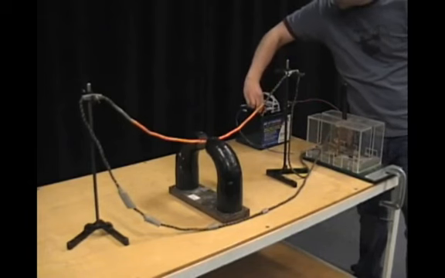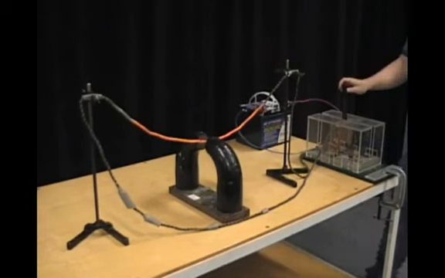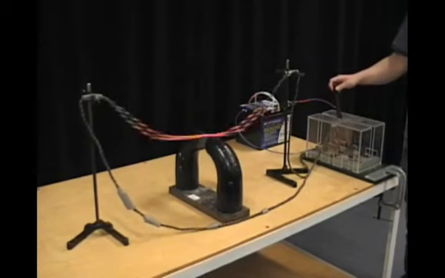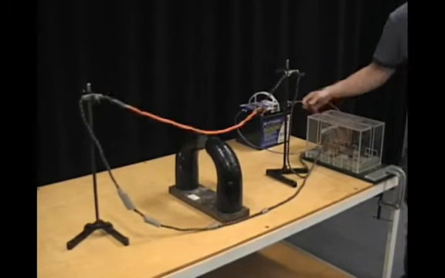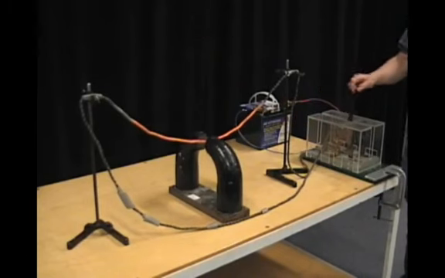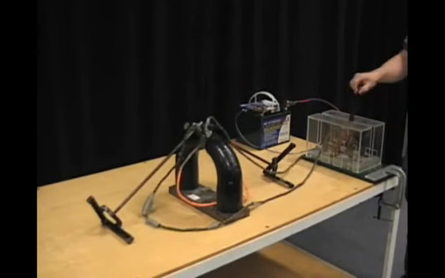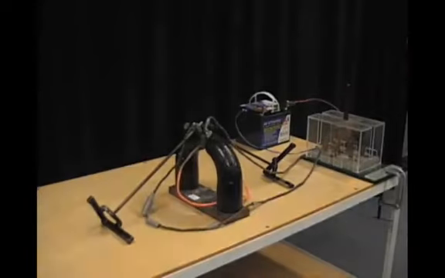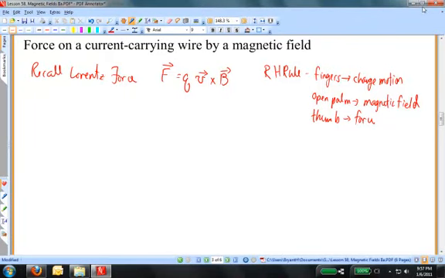The battery is connected. When the knife switch is thrown in one direction, you see the wire jumps out from between the poles of the magnet. And when pulled in the opposite direction, then the wire is pulled downward. If you've never seen that demonstration before live, it's really something worth seeing.